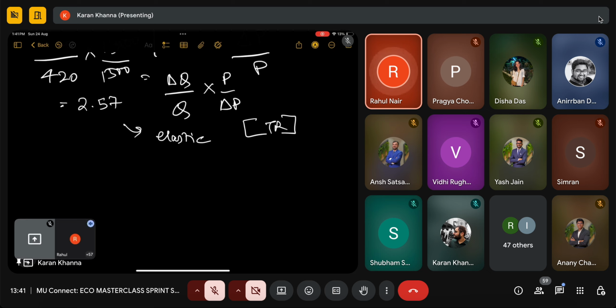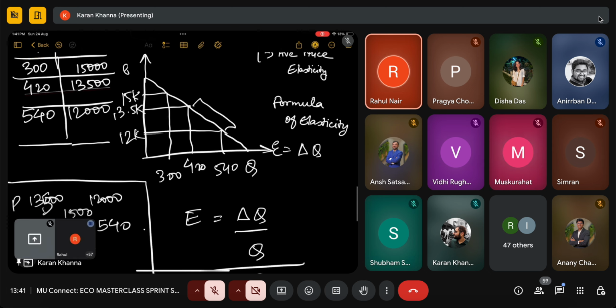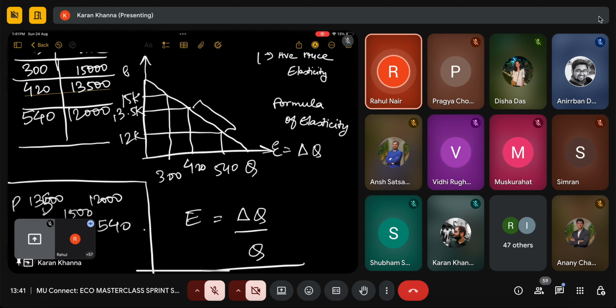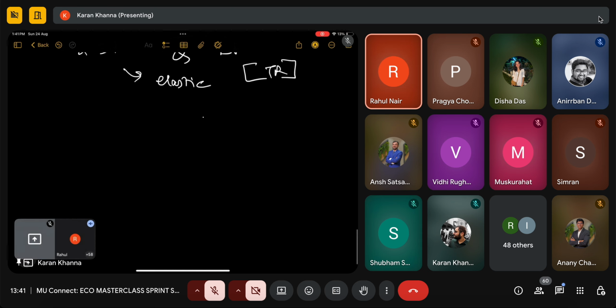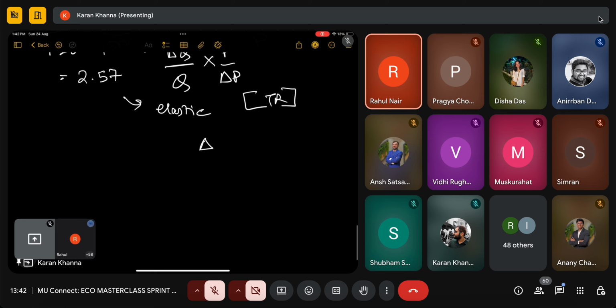Shall I explain the formula of elasticity using the slope also? Yes, please. So the slope is nothing but change in price by change in quantity. Any doubt in this?